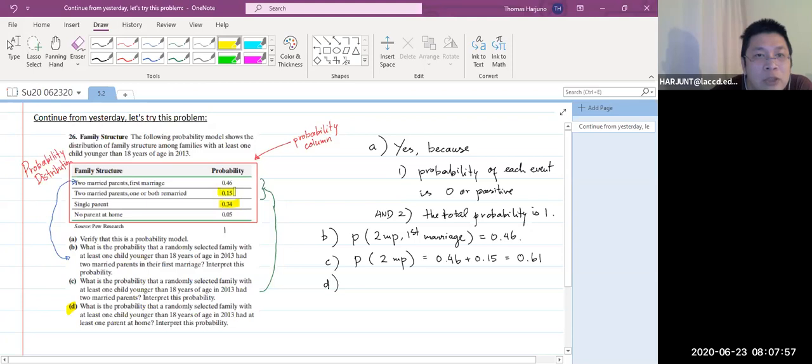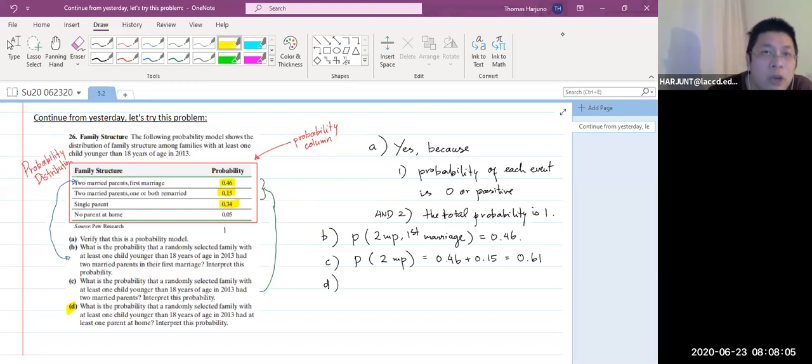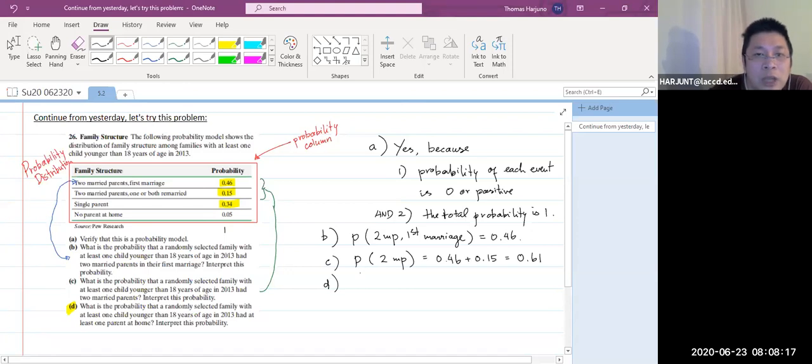So it refers to this one. Yes, actually we can also say it that way. Is it the complement of no parent at home? Yes, it's also possible to do it that way. Okay, so let me do it my way first, and then I'll show you that it is equivalent to what our friend said.